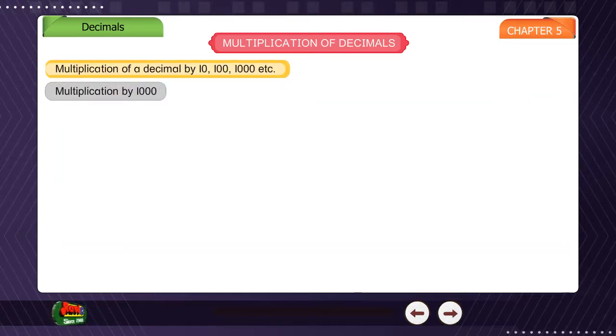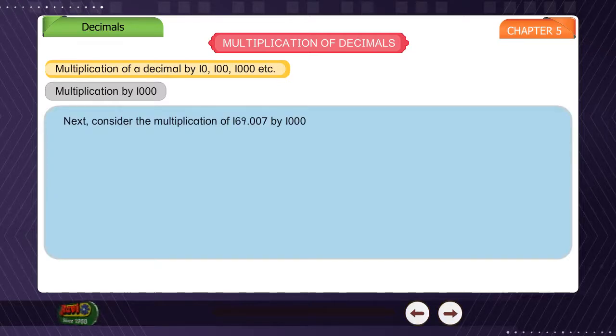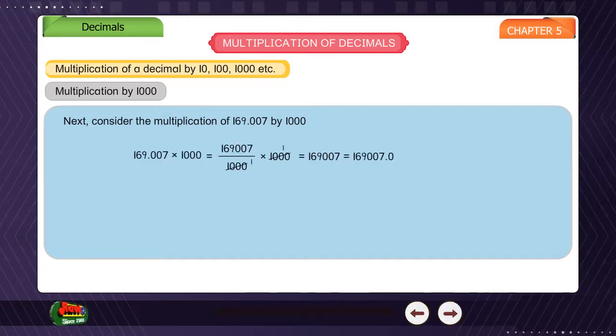Multiplication by 1000. Next, consider the multiplication of 169.007 by 1000. 169.007 into 1000 is equal to 1,69,007 by 1000 into 1000 is equal to 1,69,007 is equal to 1,69,007.0.